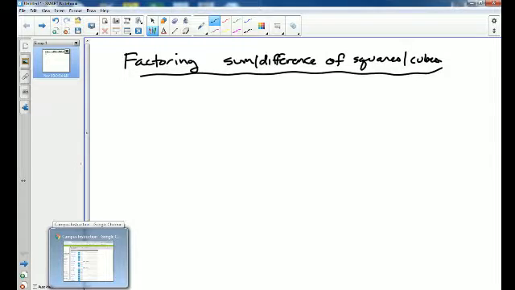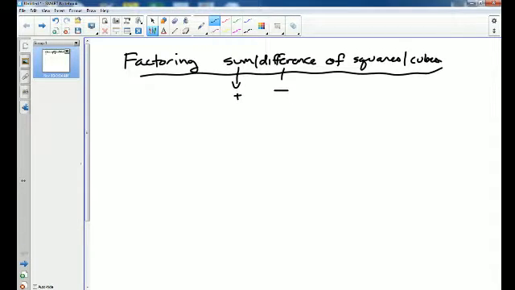You know what sum means in math, right? Sum means add. Difference means subtract, right? And then you know what a square is, correct? And a cube. So we're adding and subtracting squares and cubes here.